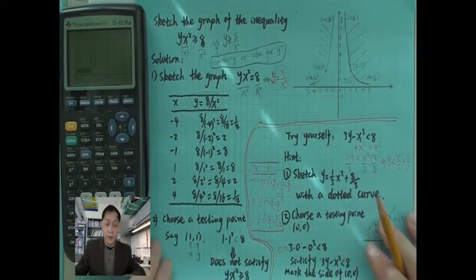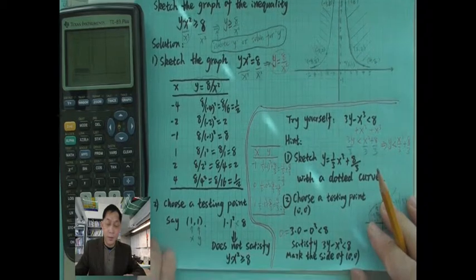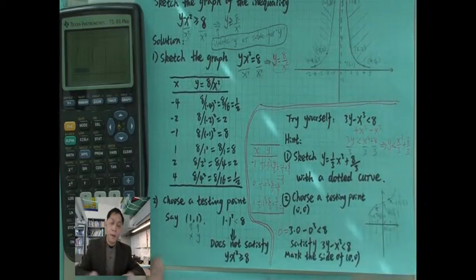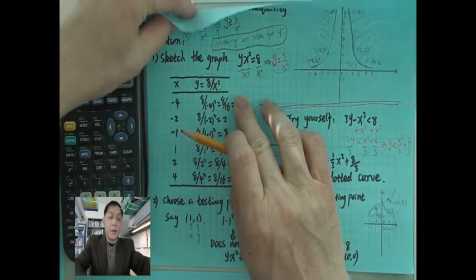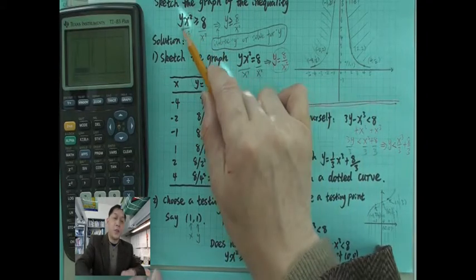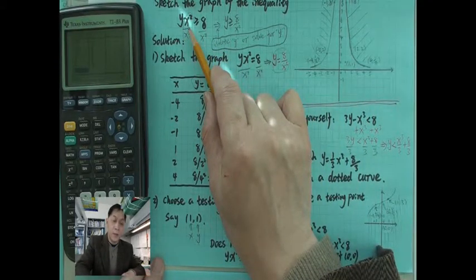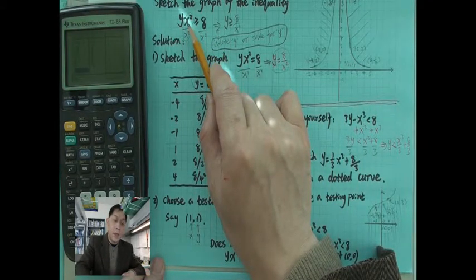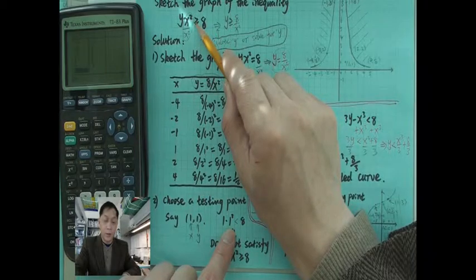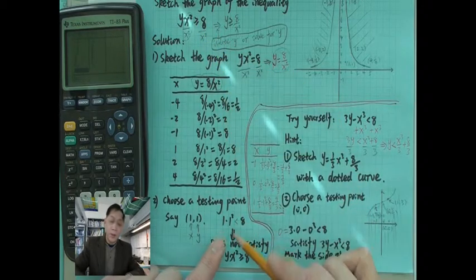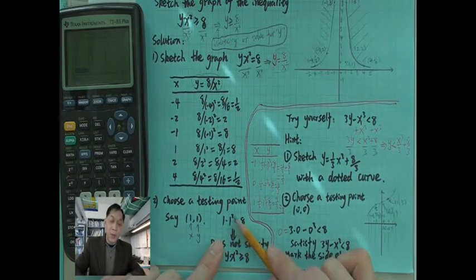If you plug x is 1, y is 1 into the inequality, y is 1 and x is 1 squared, so 1 times 1 squared is still 1, which is less than 8.